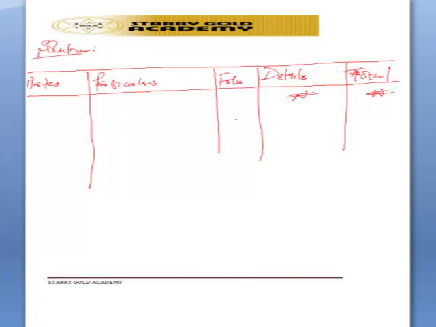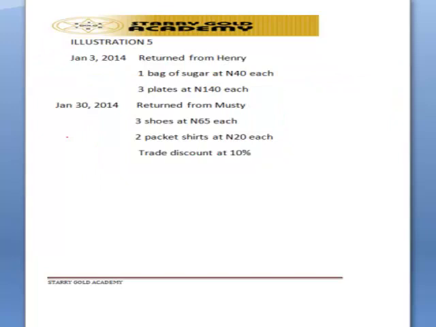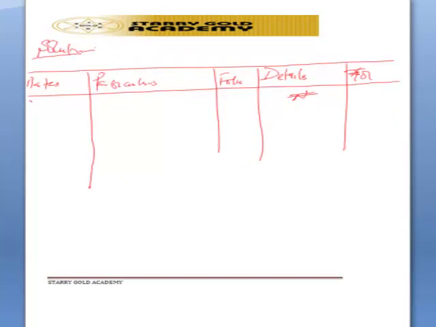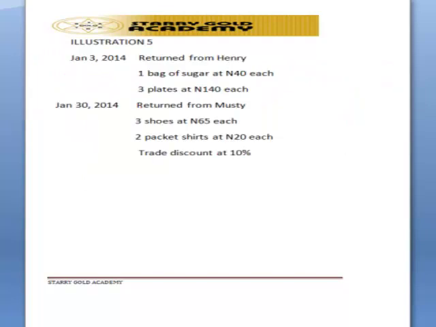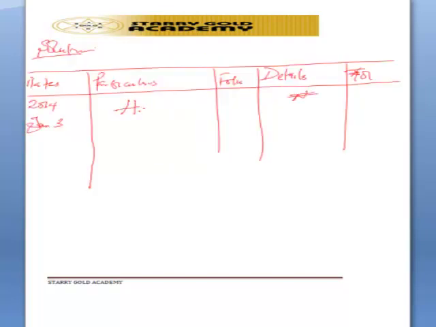Okay, let's start with the question. The year is 2014, January 3rd, and the first customer we're dealing with is Henry, and here we have one bag of sugar at 14 naira each.